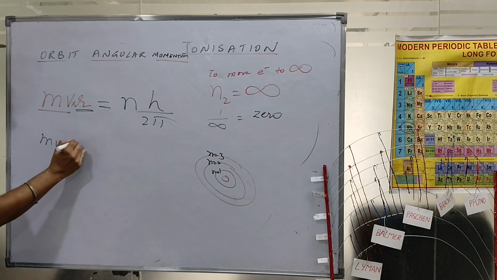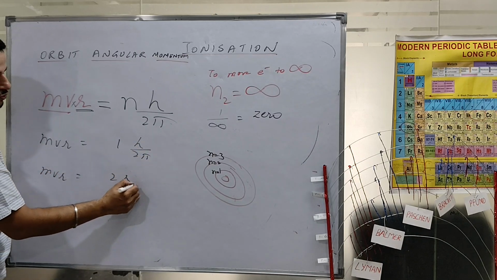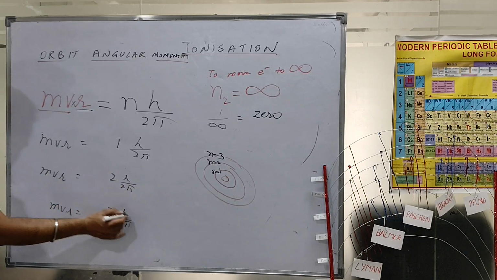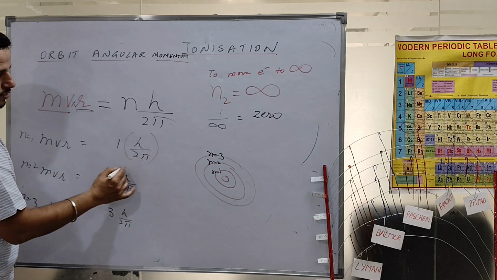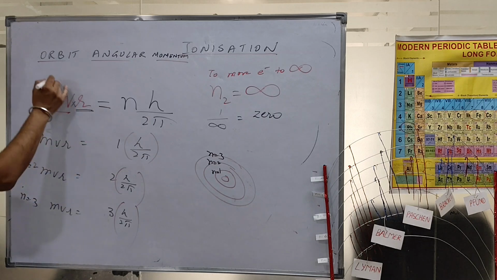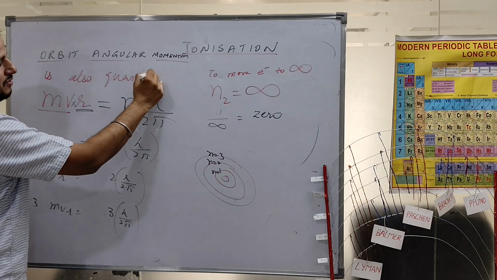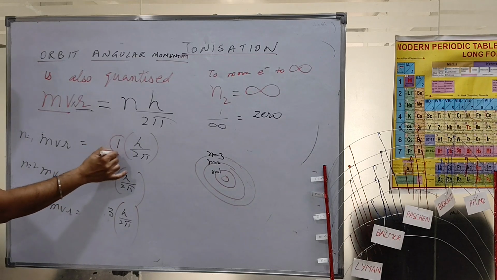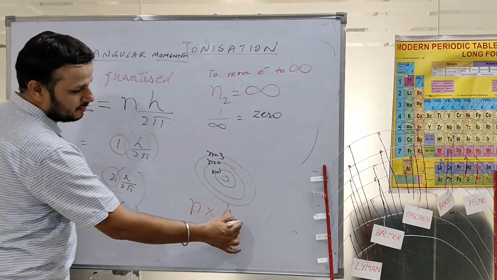If n is 1, then 1h by 2 pi. If n is 2, 2h by 2 pi. If n is 3, 3h by 2 pi. So from here we can conclude that orbit angular momentum is also quantized. The electron moves only to those energy levels where it gets a multiple of h by 2 pi.